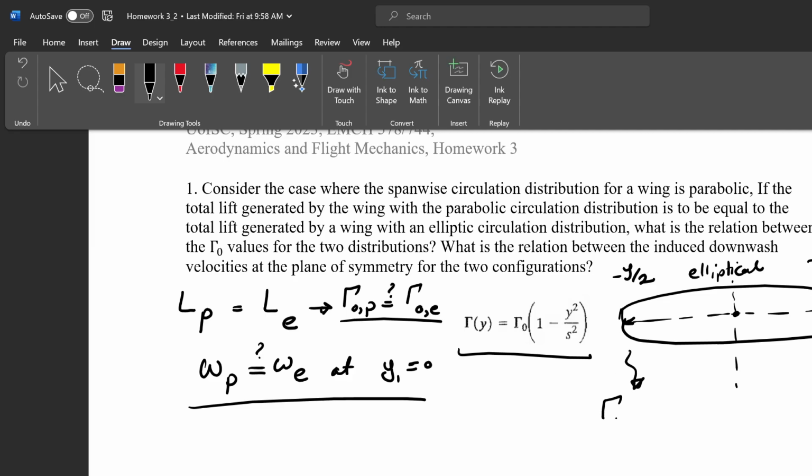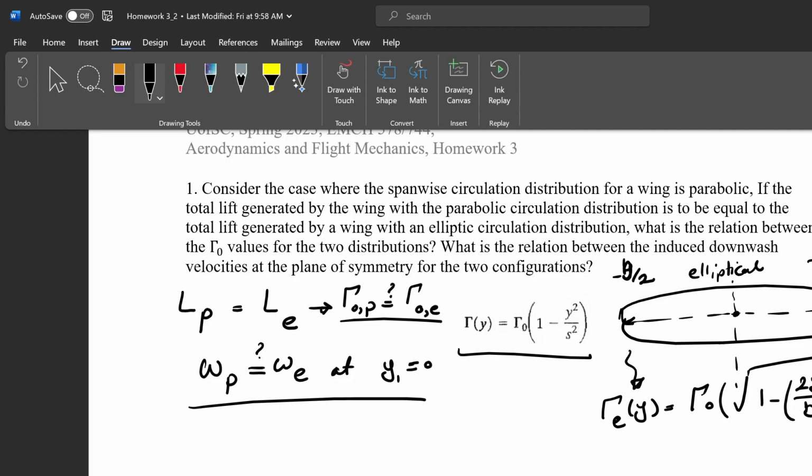So for an elliptical distribution, I'm going to say gamma of elliptical, and y, we have gamma naught multiplied by the square root of 1 minus (2y divided by b) squared. So this is b over 2, negative b over 2. I'm very sorry.